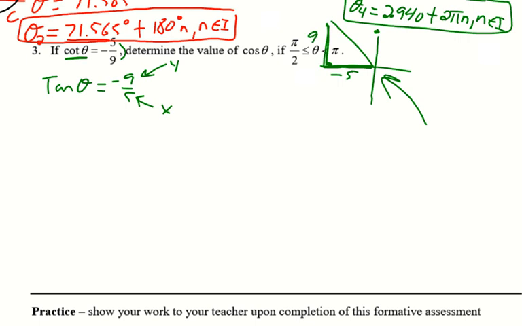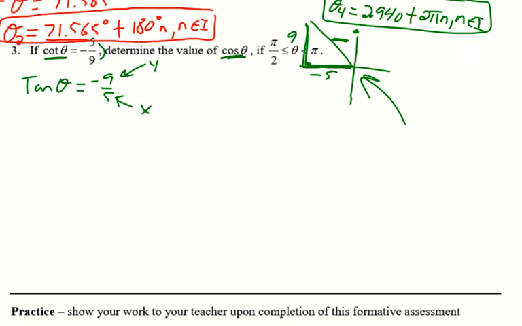And I need to know cosine theta. The only way I'm going to be able to figure out cosine theta is if I know the hypotenuse. So opposite would be 9, but I don't know the hypotenuse, 9 over something. You can probably see where this is going again. We've got to do Pythagorean theorem.